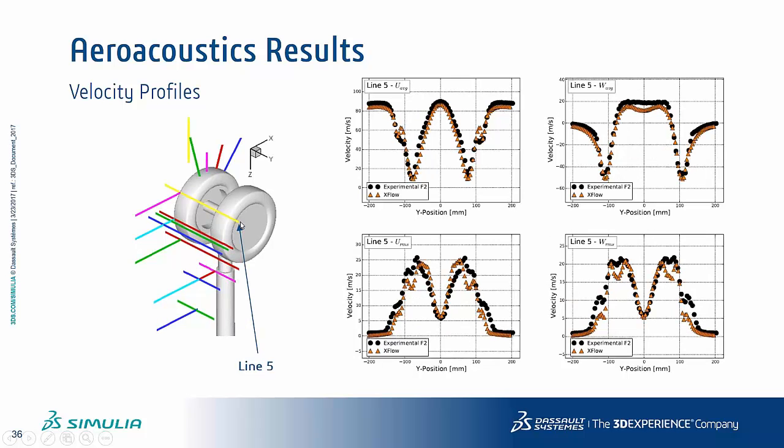And here as well, that's the same transverse line, but on the top now. So it's not on the bottom anymore, but on the top. Here you can see again the correct shape of, let's say, free stream velocity, shear layer, separated region.